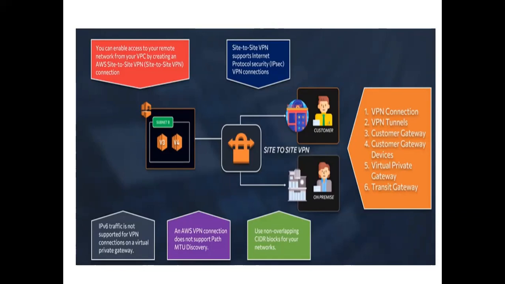Otherwise we call it a physical appliance or a software appliance, which you need to configure to establish a tunnel. Whenever you want to establish a site-to-site VPN tunnel, you need to create something called a customer gateway. Now you might doubt, sir, what device are you talking about? What is the device I need to have in my on-premises environment?